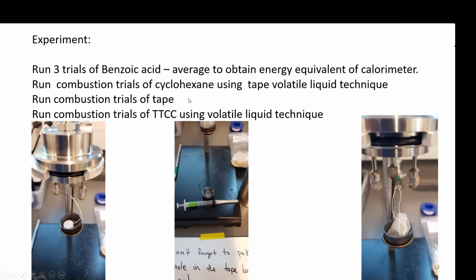So the cyclohexane is a liquid. The benzoic acid is solid. The solid is fairly easy. We just put the solid inside that cup and make sure the fuse is in contact with the solid, then you are done. However, if you have cyclohexane, that's going to be a little complicated.